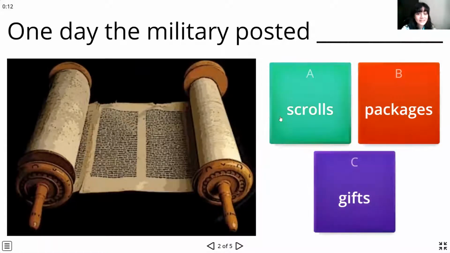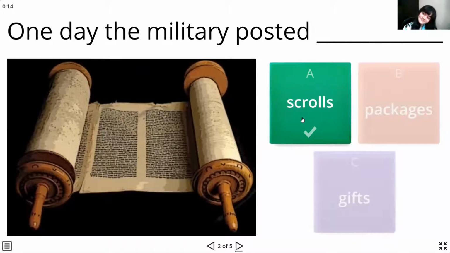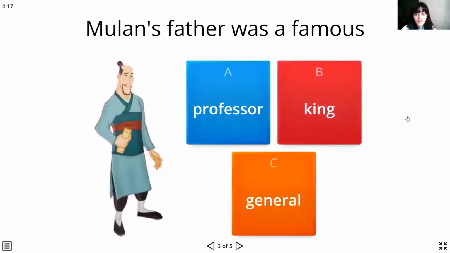So I clearly said it was a scroll. So it has to be scrolls, correct? Awesome. What's next? Mulan's father was a famous dash: professor, king, or general. He used to be a famous general.